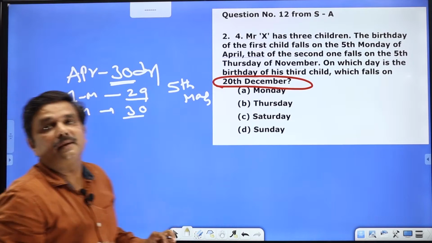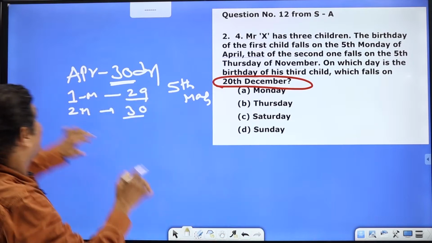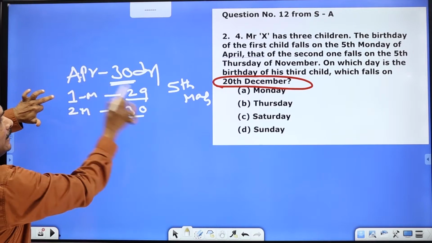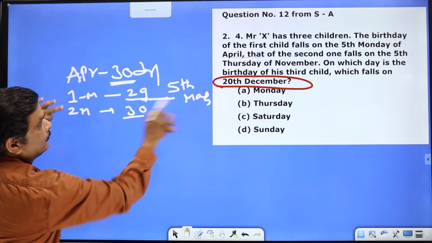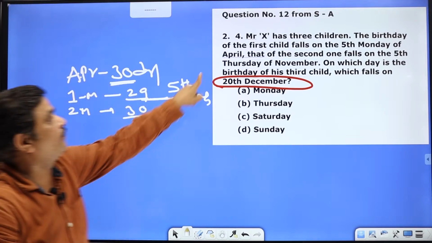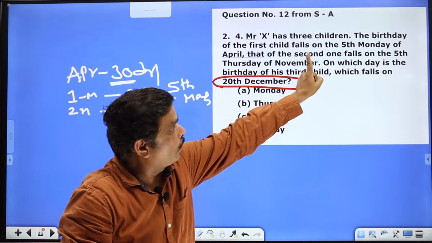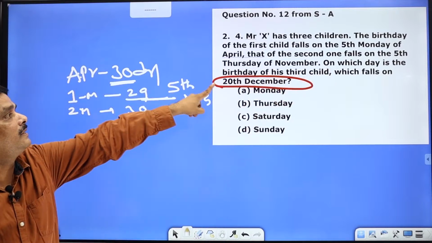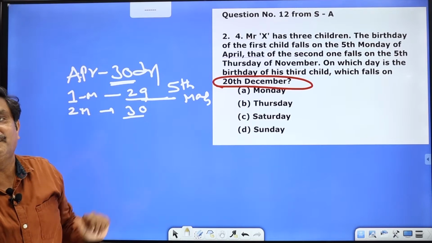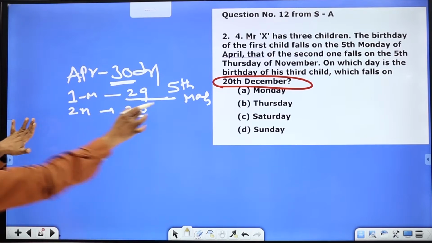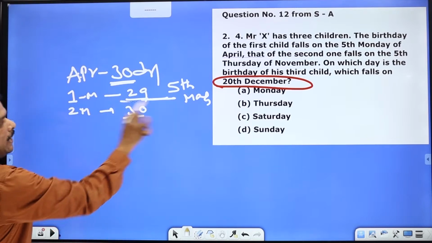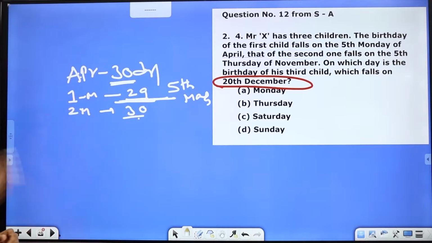2 cases are there. Suppose 29th April was 5th Monday. Based on that, you need to find out what is the 5th Thursday of November of the same year. How to find out 5th Thursday? I'm taking case 1, then we'll go for case 2.